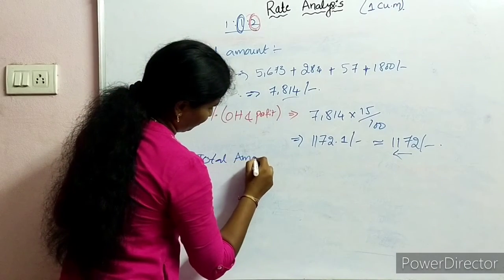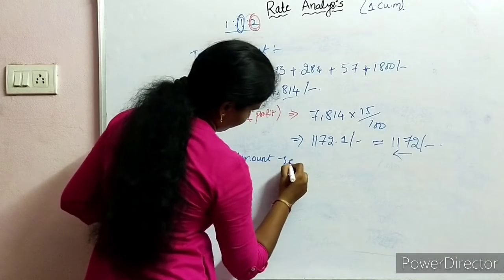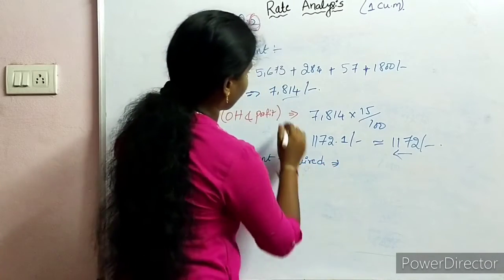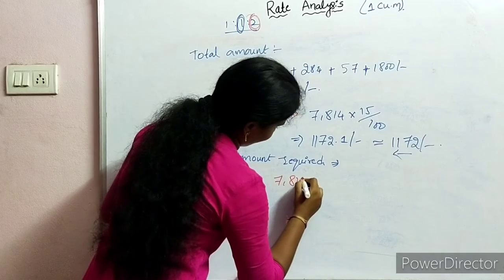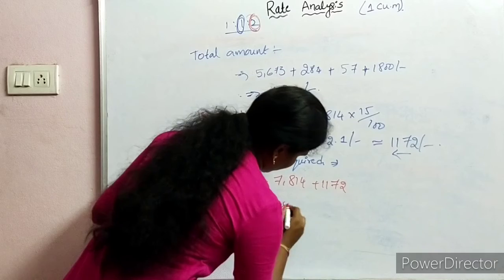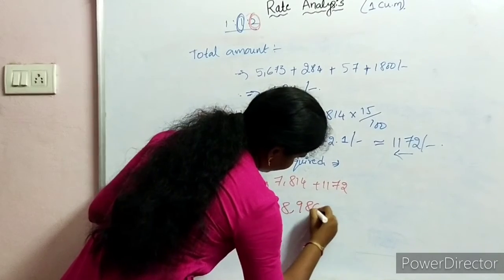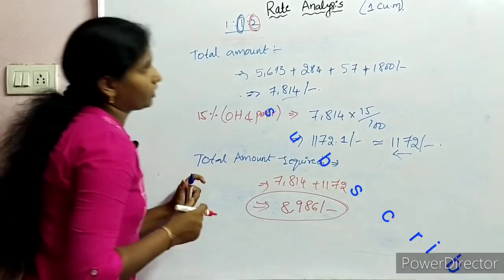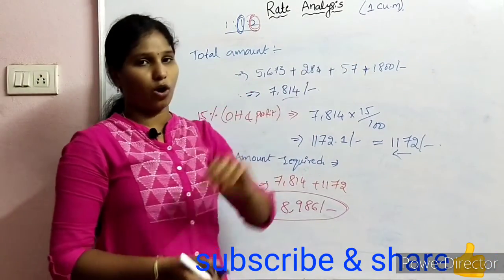Total amount required is 7,814 plus 1,172. Here we will get 8,986 rupees. This is the total amount required for constructing 1 cubic meter of concrete.